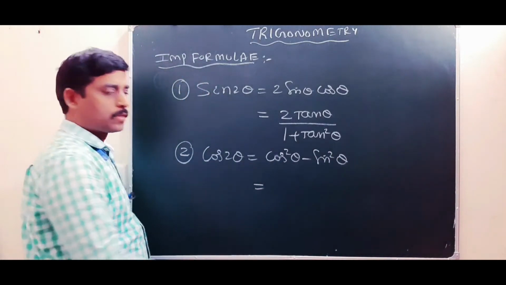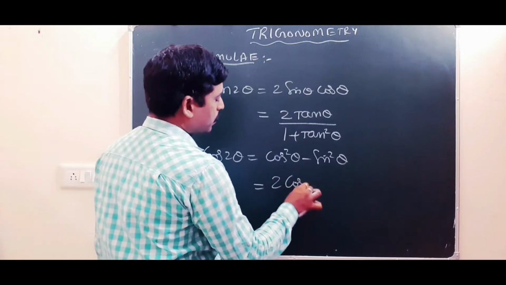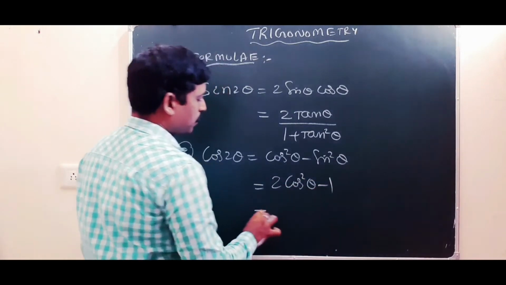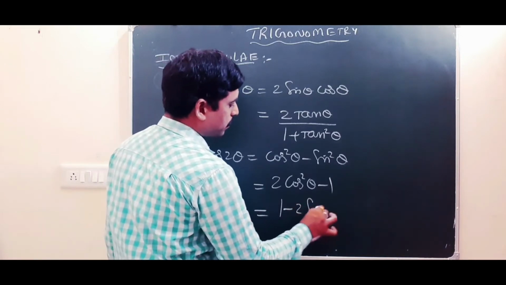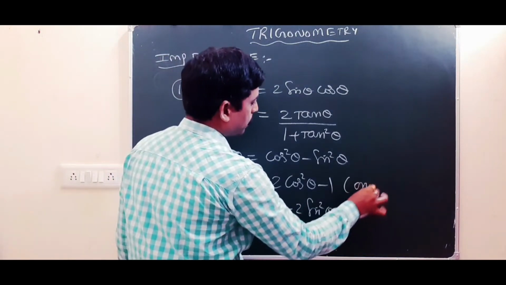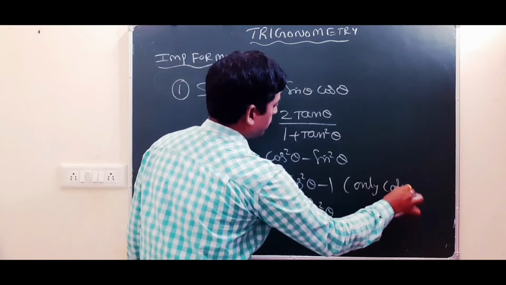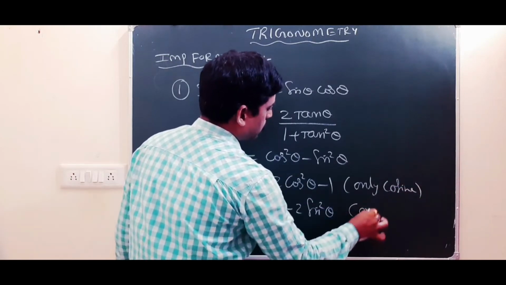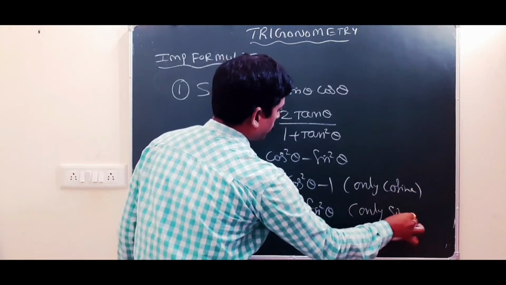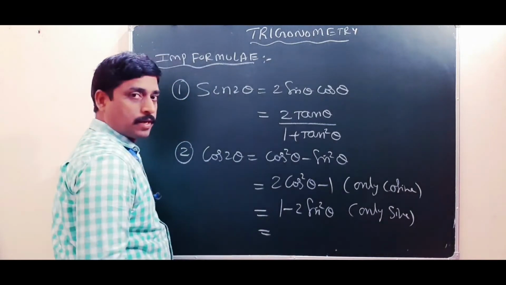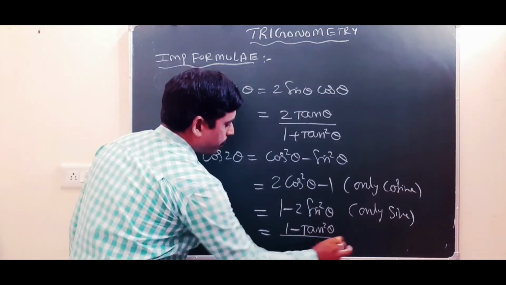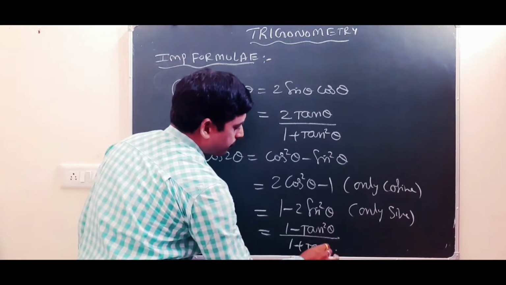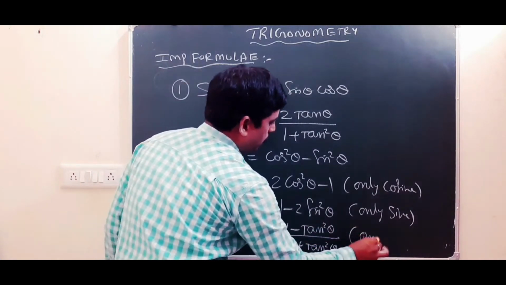Only in terms of cosine, 2 cos square theta minus 1. Only in terms of sine, 1 minus 2 sin square theta. In terms of tan, 1 minus tan square theta by 1 plus tan square theta.